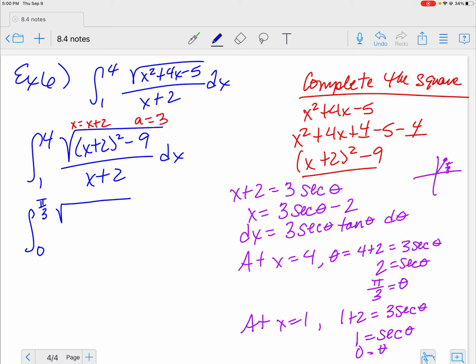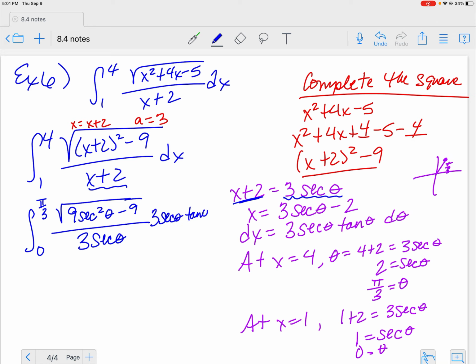And underneath the radical, because I replace x plus 2 with this 3 secant theta, this is squared, so it would be 9 secant squared theta minus 9 over, again, I have an x plus 2, so this is 3 secant theta, and my dx is 3 secant theta tangent theta d theta.